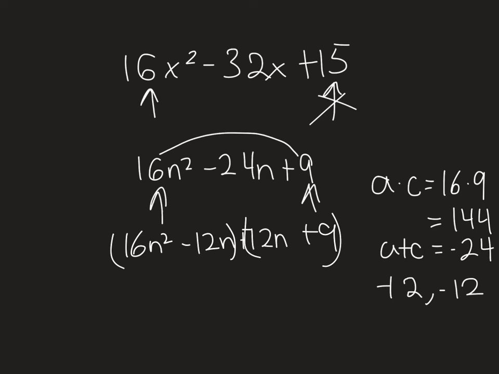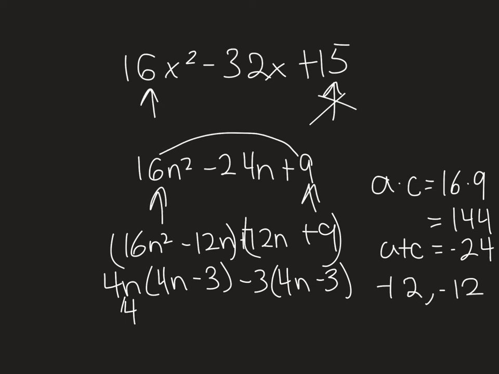So the GCF of the first binomial would be 4n times 4n minus 3. And then the GCF of the second one would be a negative 3.